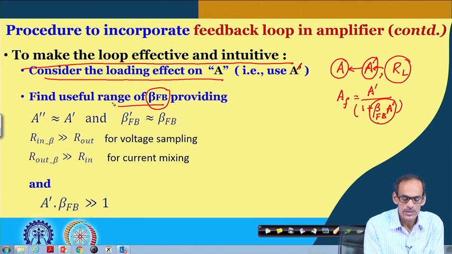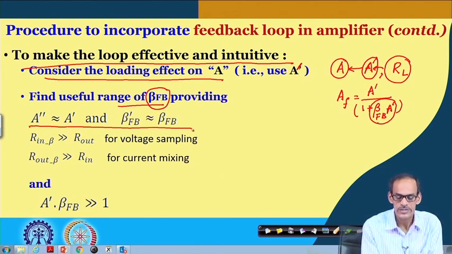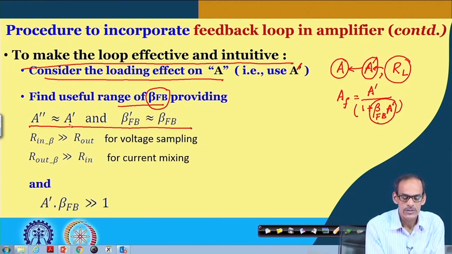And to get a suitable range, we do have two things to satisfy, as just now I was talking about. A double dash is approximately A dash, and what is A double dash? It is the loading effect of the input resistance of the feedback network, say R in beta.